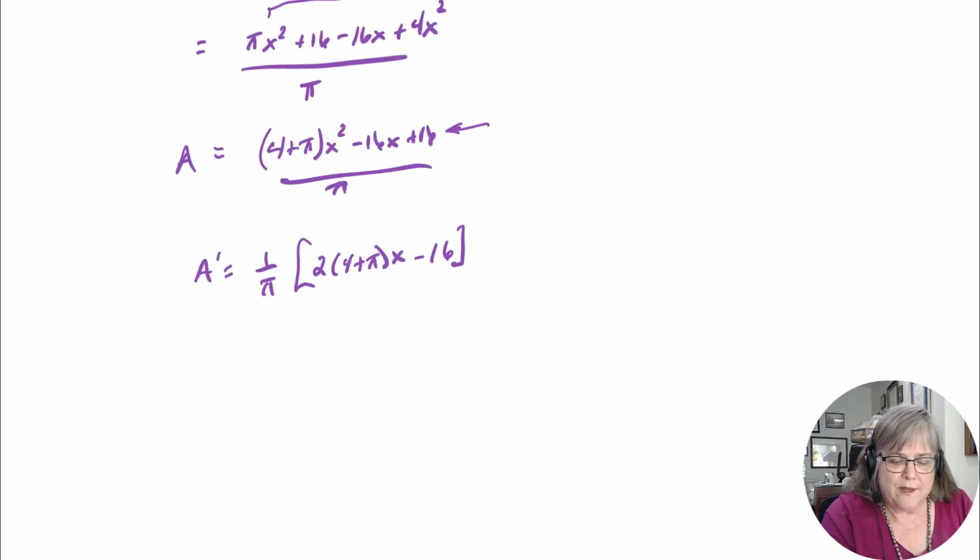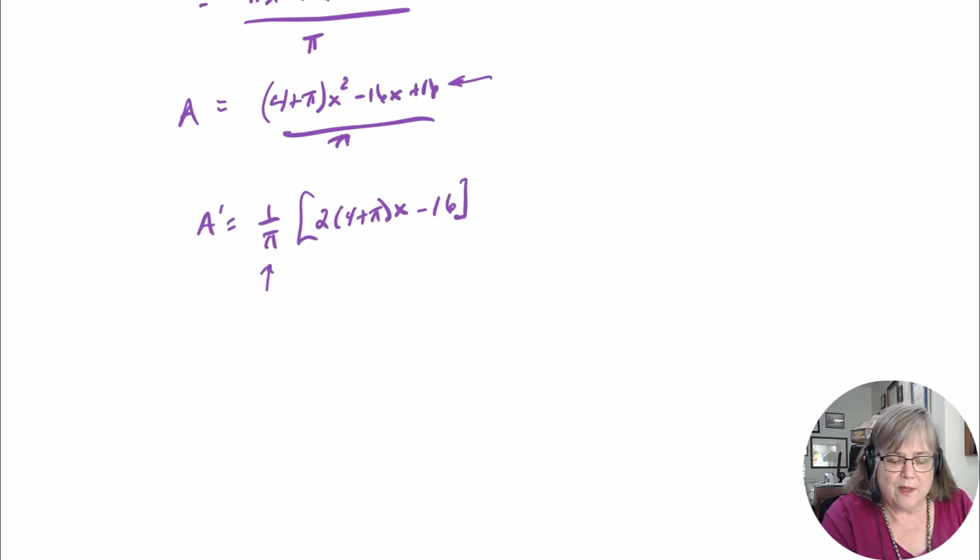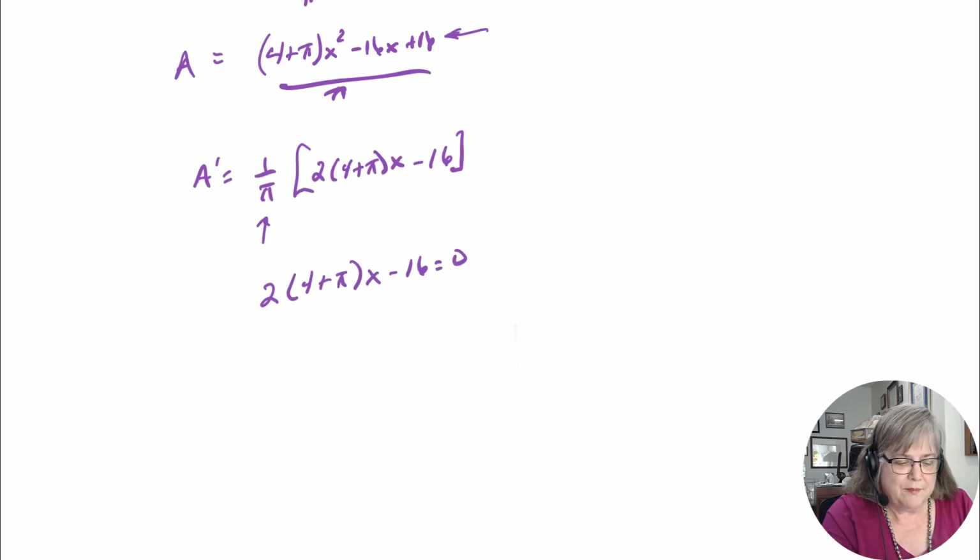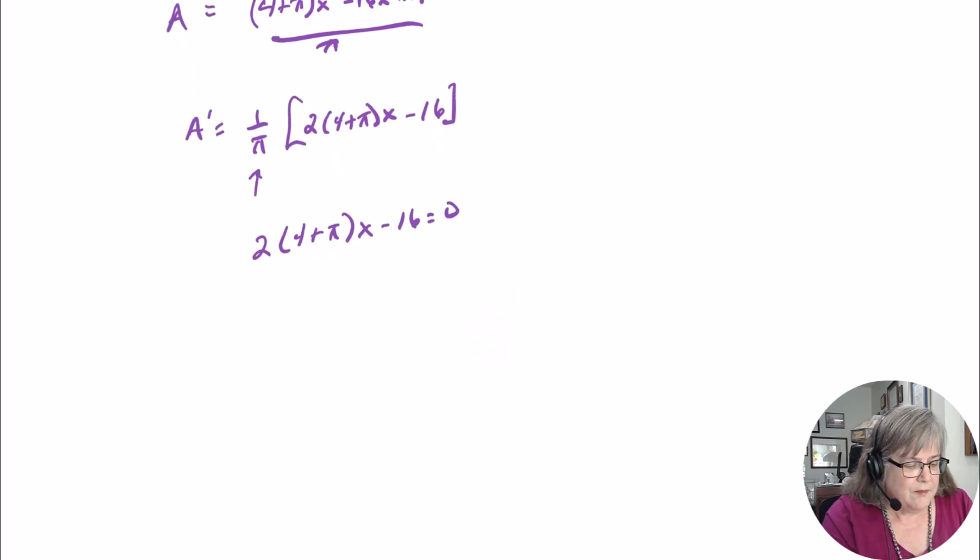And what you want to do is find out where this is equal to 0. Well, 1 over pi is not going to help you get to 0. So 2 times (4 plus pi) x minus 16 could be 0. And when you solve this, and you'd have to use your calculator, it turns out to be give or take about 1.12 feet.